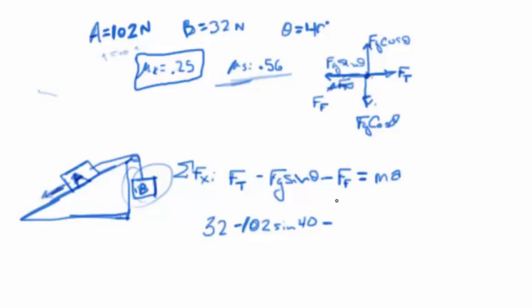And friction is going to be the coefficient of kinetic friction times the weight of A times... you have sine of theta written. I think it's cosine.